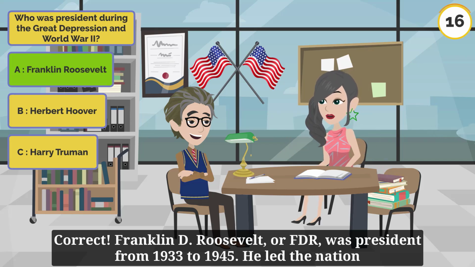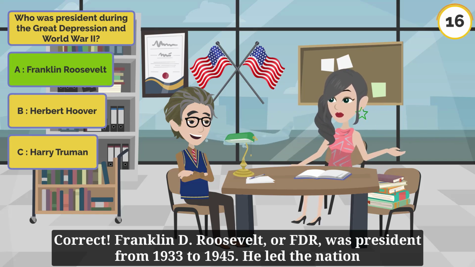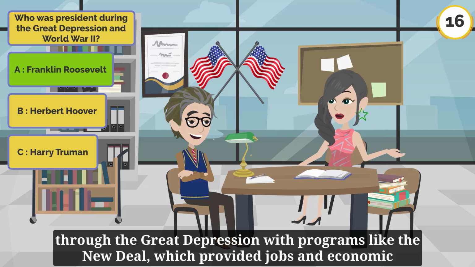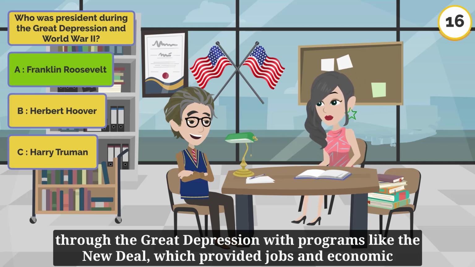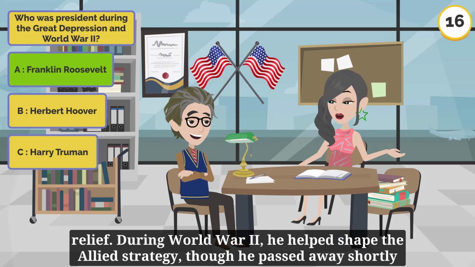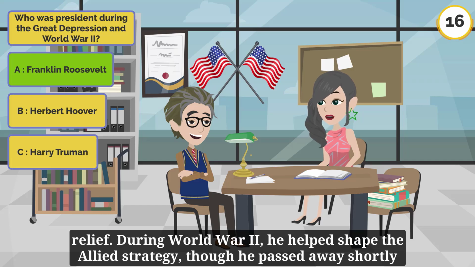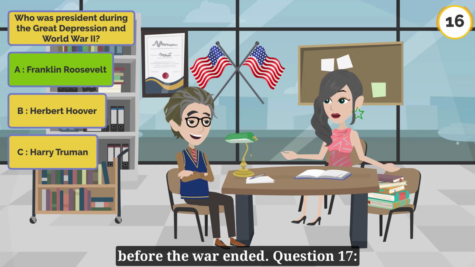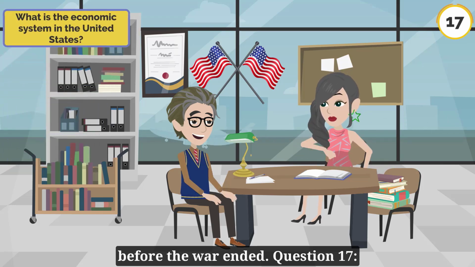Franklin D. Roosevelt, or FDR, was president from 1933 to 1945. He led the nation through the Great Depression with programs like the New Deal, which provided jobs and economic relief. During World War II, he helped shape the Allied strategy, though he passed away shortly before the war ended.